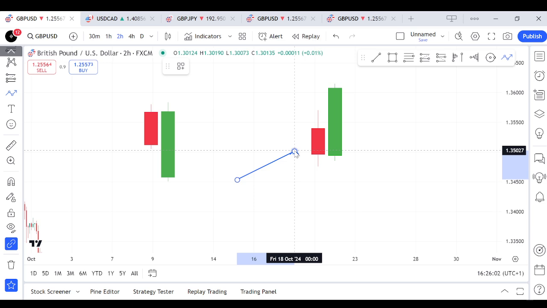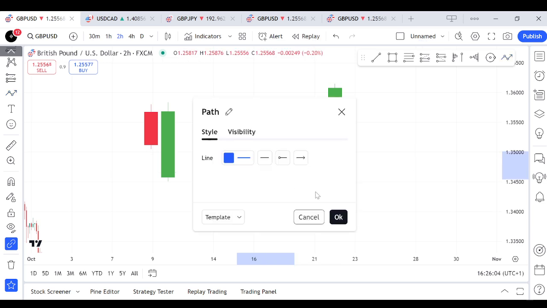So it appears during downtrends, and you notice a small bearish candle followed by a large bullish candle that completely covers or engulfs the previous candle's body.